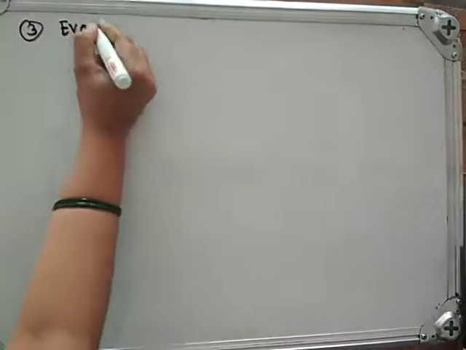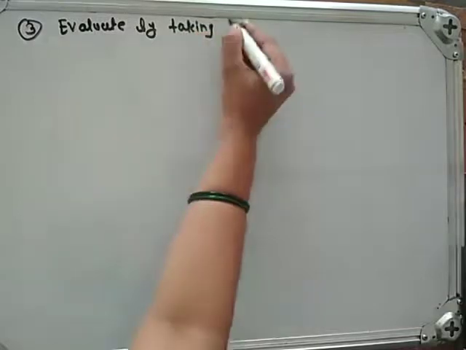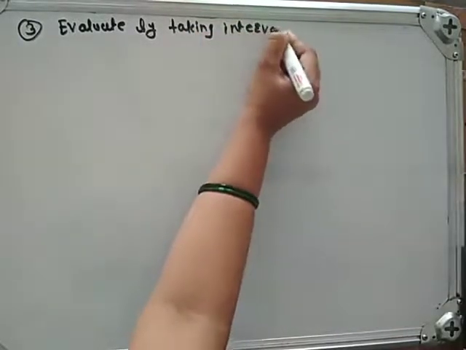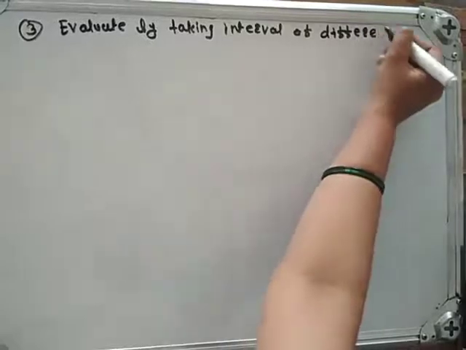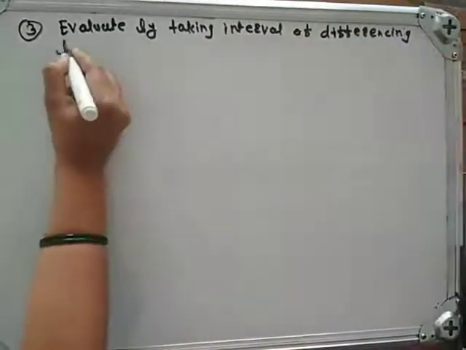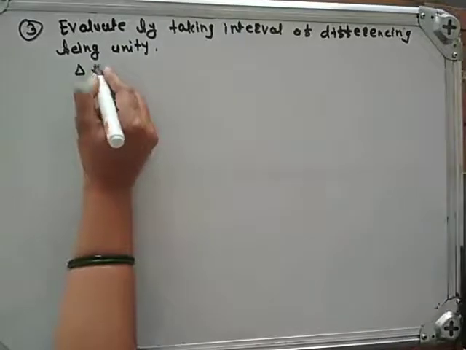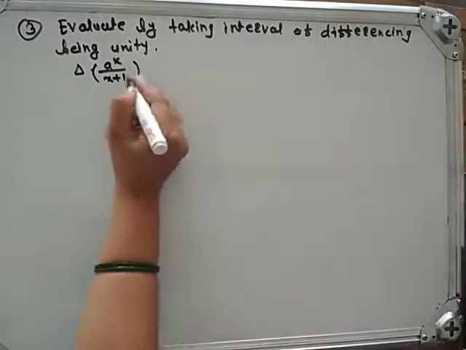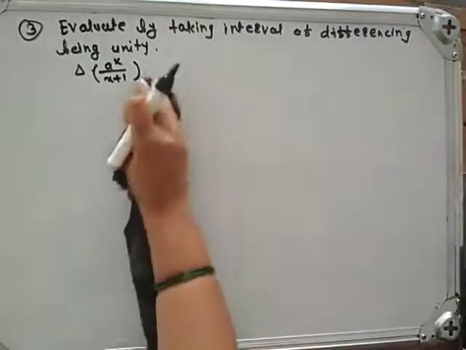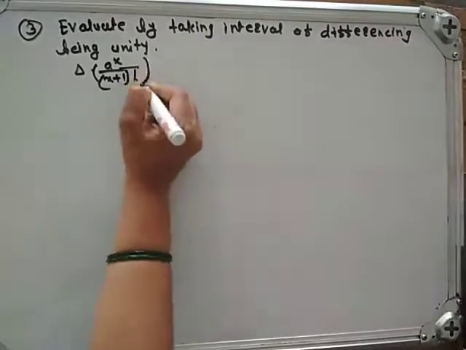Let us take example number 3. That example is: evaluate by taking interval of differencing being unity, delta of a raised to x upon x plus 1 factorial.